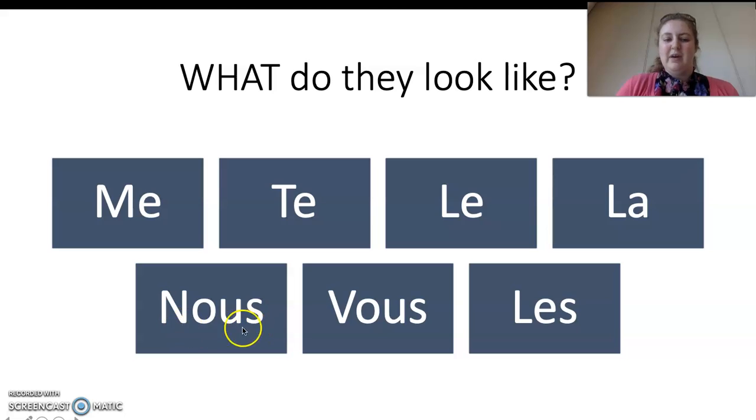Then we have nous, which we have seen multiple times. It replaces we, or us. Then we have vous. Remember, we use vous when we are talking about you and we're speaking formally, or for plural words. And les, for plural words in the third person form.